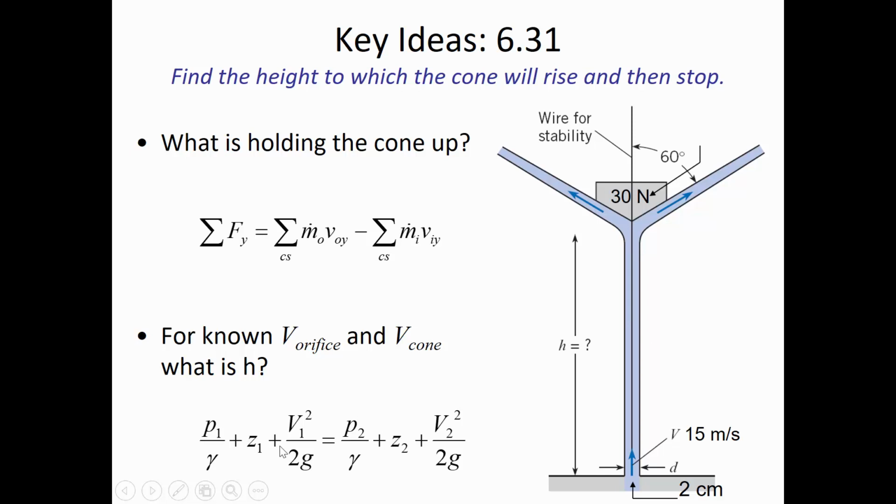There's some elevation difference, so the delta z is what we're going to be solving for. And you know the initial velocity and the final velocity up top, which is what you found from the momentum equation. So then you'll just be solving for the delta z. And that's ultimately what they're asking you to find, is the height that the cone will rise to.